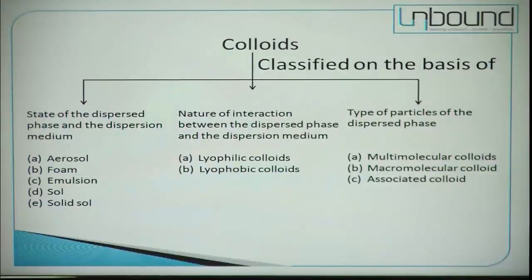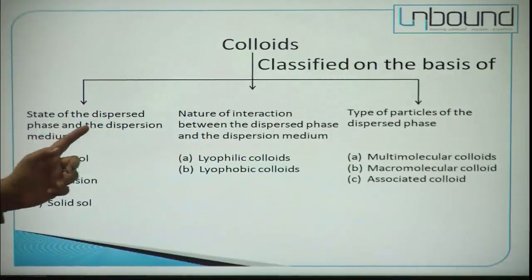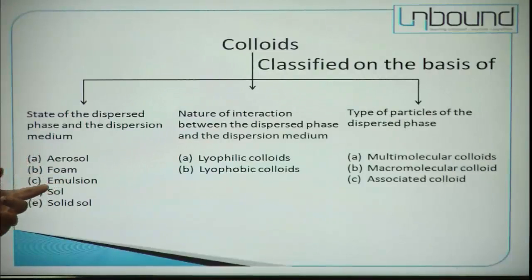Colloids can be classified on the basis of the state of the dispersed phase and the dispersion medium. As I told you, there is a dispersion medium and a dispersed phase, which could be solid, liquid or gas. So, depending on their state, colloids are classified as aerosols, foam, emulsion, sol, solid sol. We will see this later in detail.